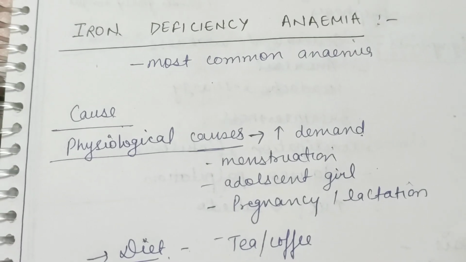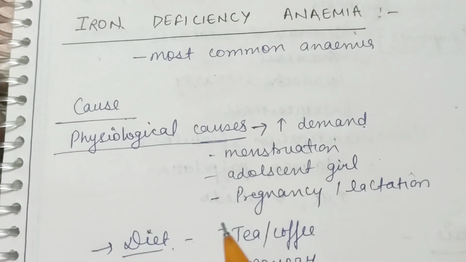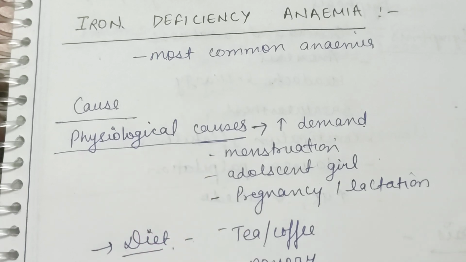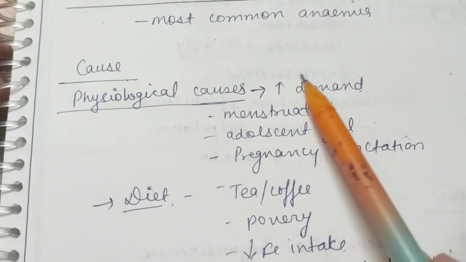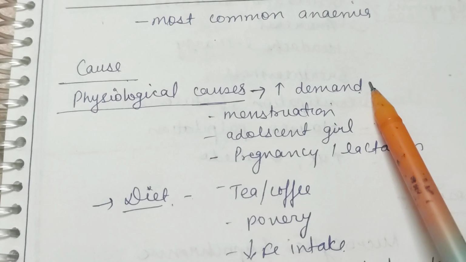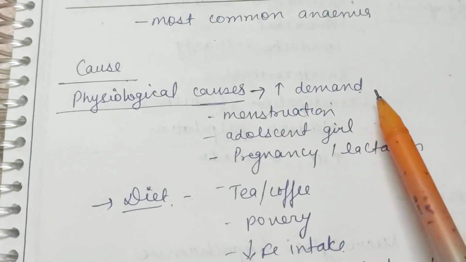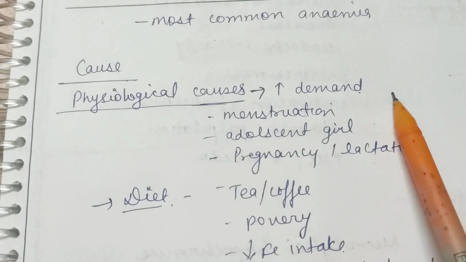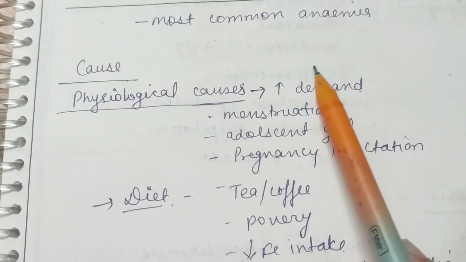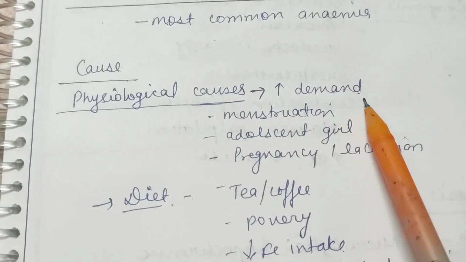This is the most common anemia in India, right? When we talk about causes, physiological causes are when demand is increased. For example, in low socioeconomic condition, demand is there and they are not able to meet it. But what if demand is physiologically increased and we are not increasing the intake?